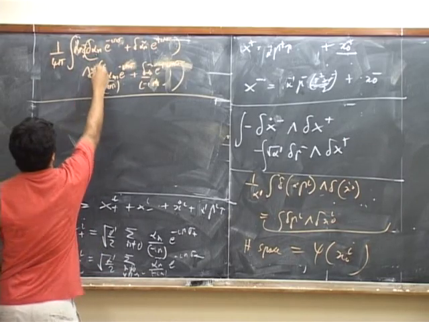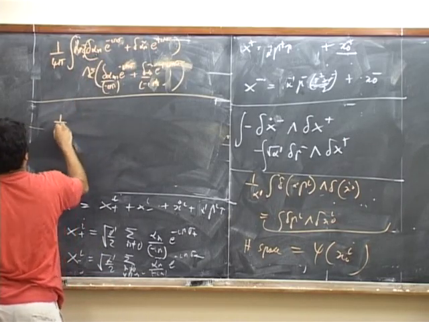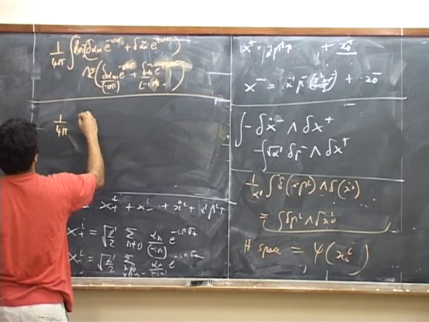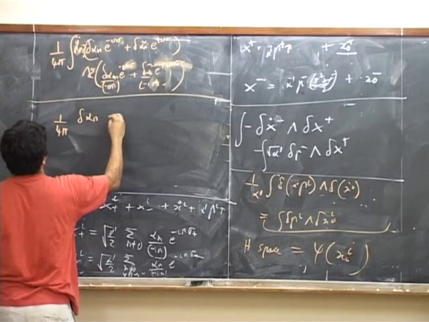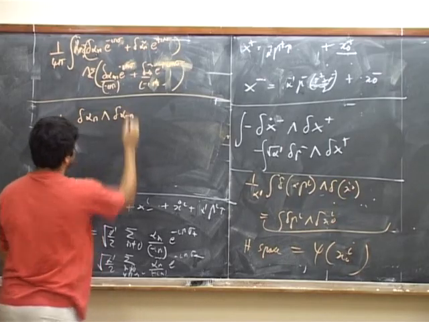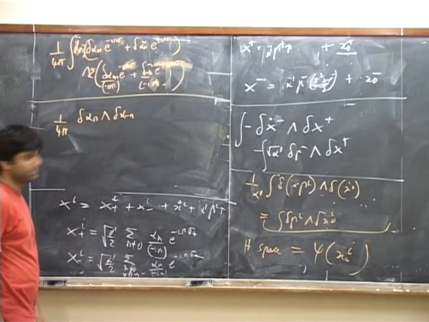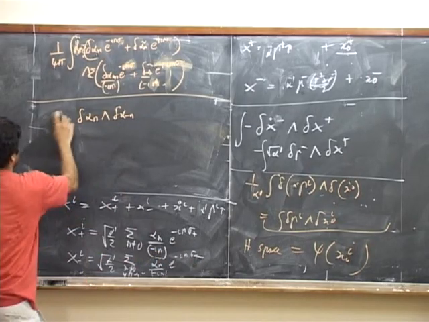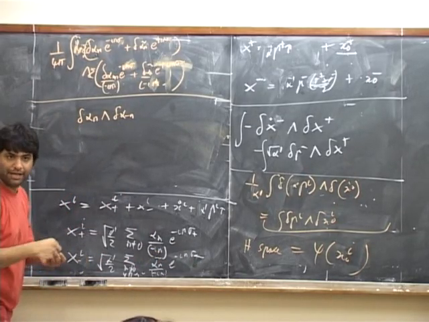So let's see now what we get. We get 1 by 4 pi, then delta alpha n wedge delta alpha minus n. Now the 4 pi has become 1 by 2 because of the 2 pi that we get from the integral over sigma.